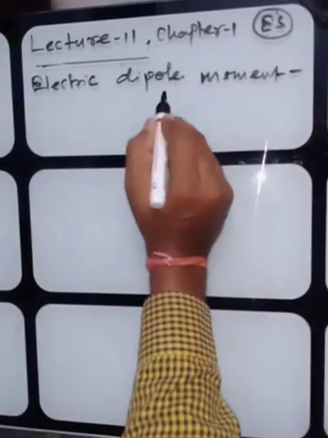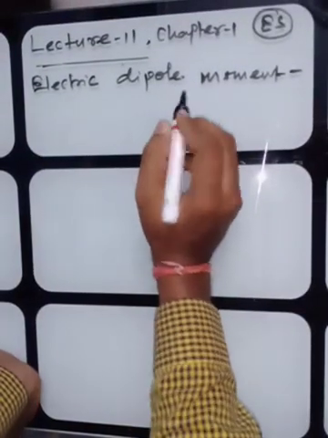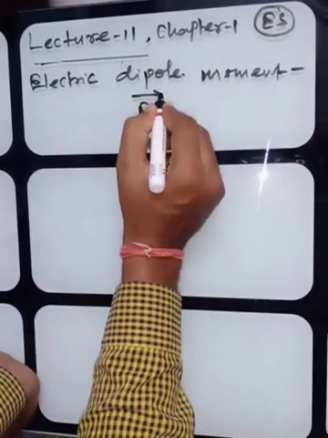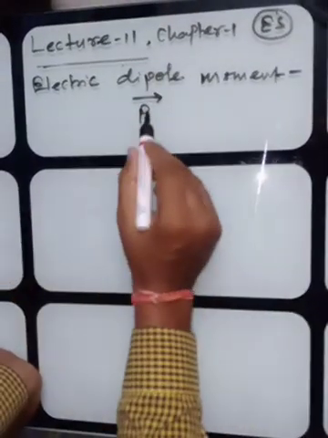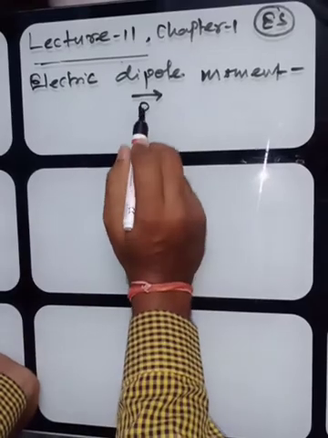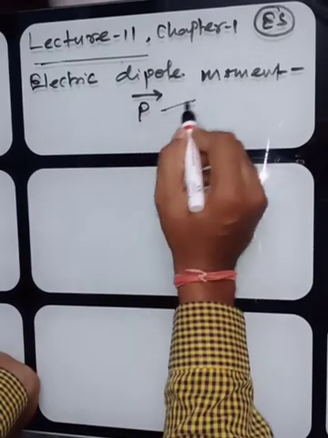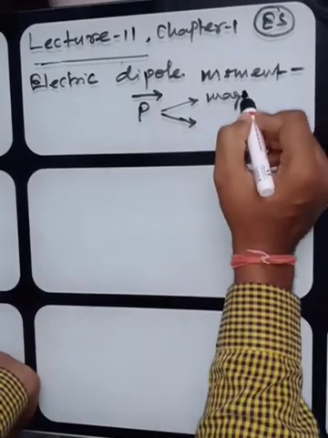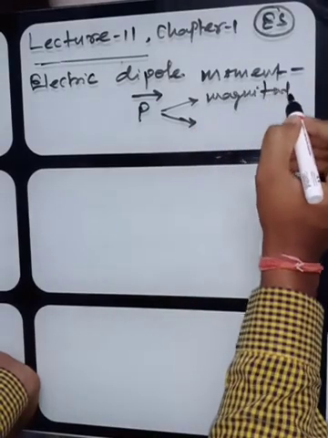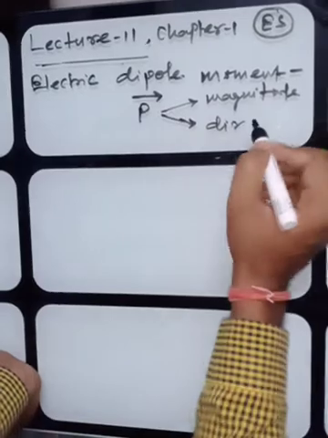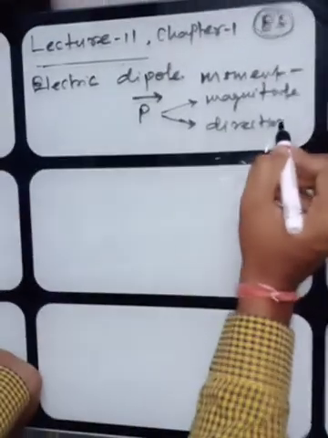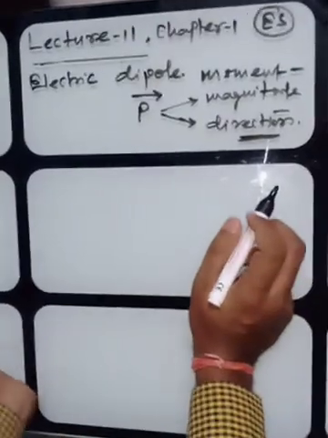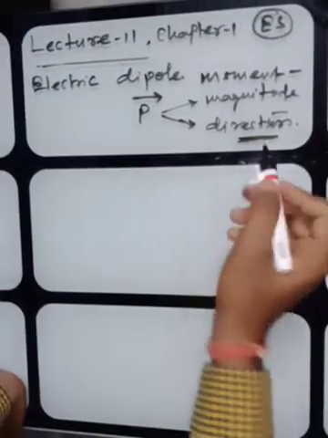This electric dipole moment we will represent by P, and this is a vector quantity. That's why we put a vector sign over here. Remember, this will have magnitude as well as direction. It is very interesting to find the direction of the dipole moment.